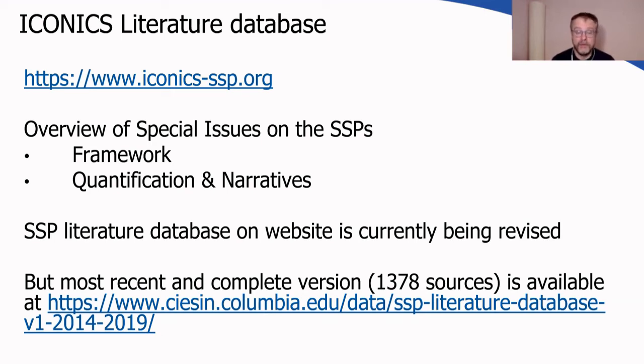This one is available for download at CIESIN at the link shown here. These are the literature database that is analyzed in that paper. And we are at the moment working to develop the SSP database at the ICONICS website, based on the O'Neill et al. database.